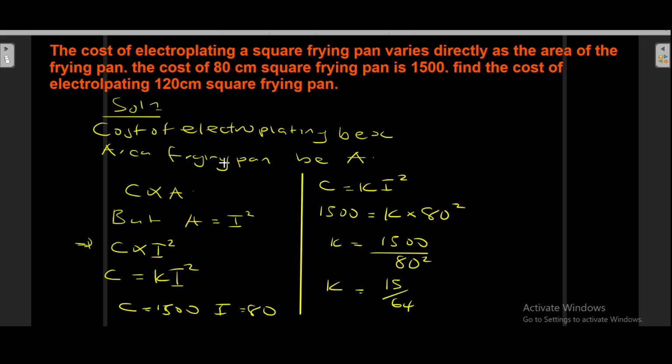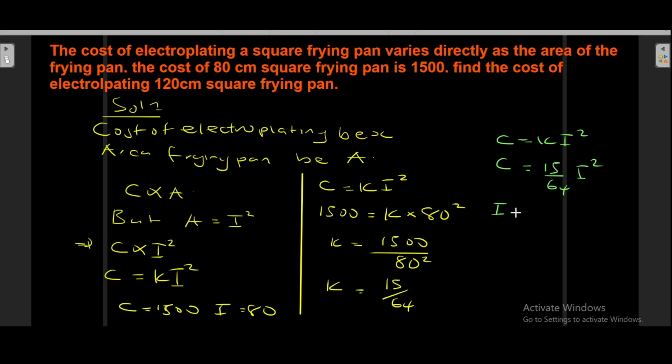That implies that my expression is going to be written down. Since we know the expression was C is equal to K I squared, therefore, C is equal to 15 out of 64 I squared. Now, if I get this expression, I can find out the cost when I'm electroplating a 120 centimeter pan.